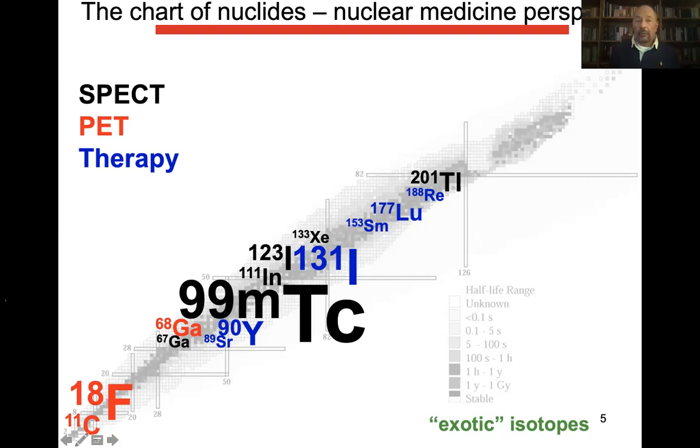But there are also a few others like lutetium 177. We will see this is now the most used isotope for therapy, apart from iodine 131. This is a beta minus emitter and is very much used. So let's see why.